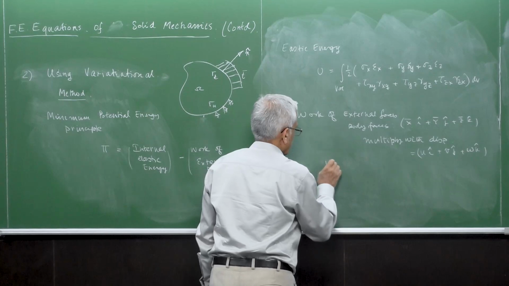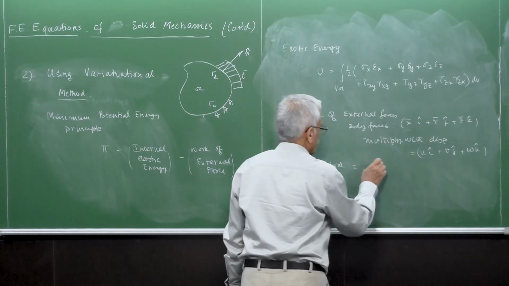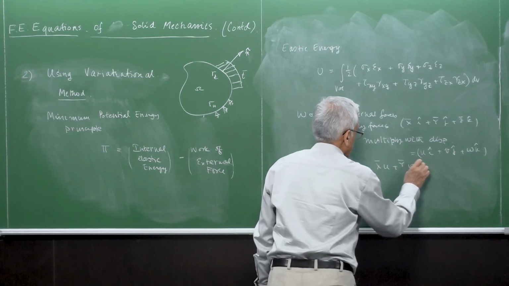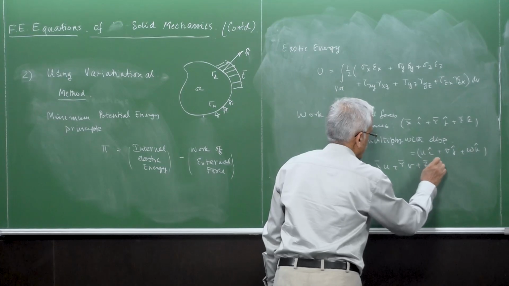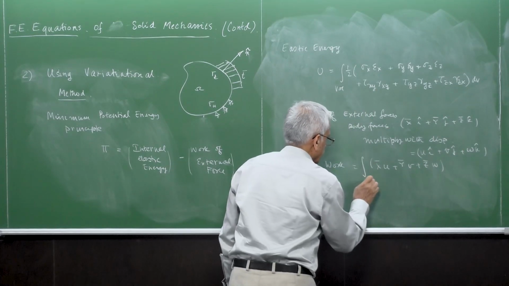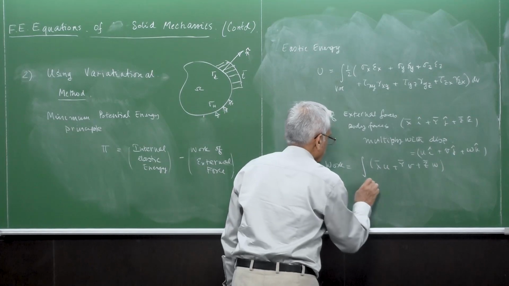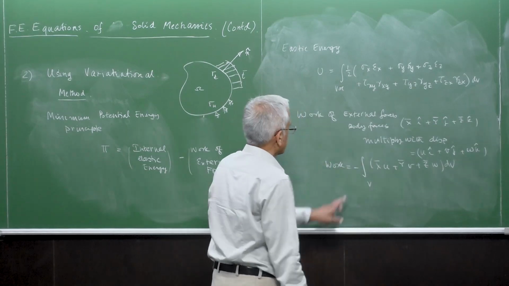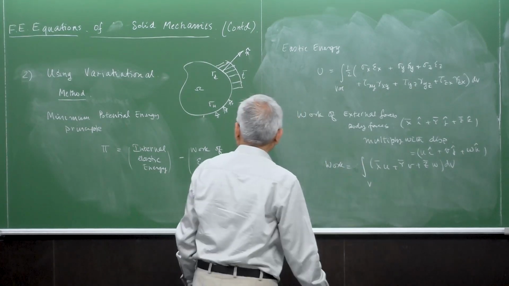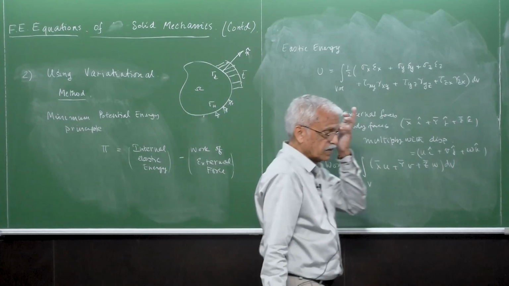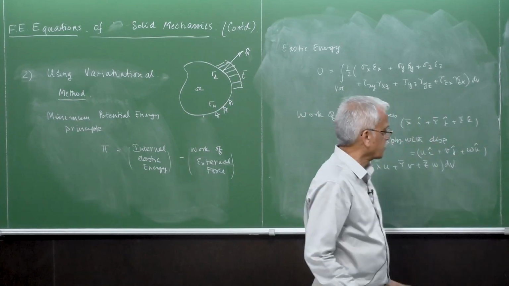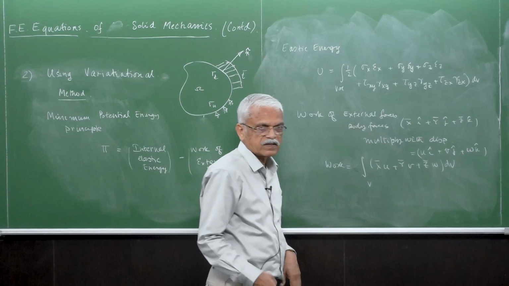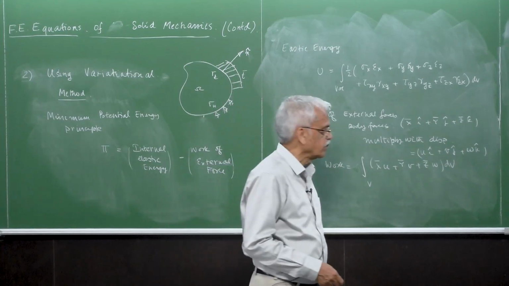So the work is equal to x bar u, y bar v, and so on, and this is the work of external forces. Remember that when it goes into the potential energy formulation, the contribution of this one is taken with a negative sign. This we also explained sometime back.